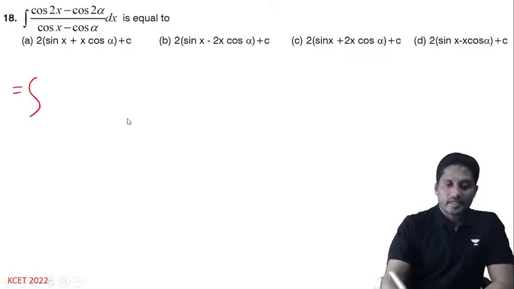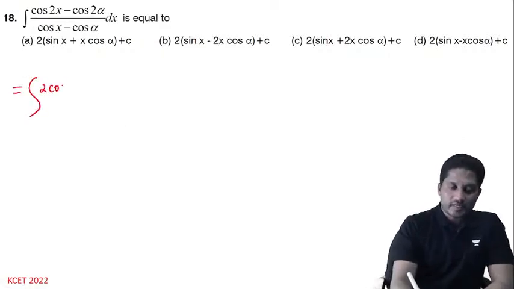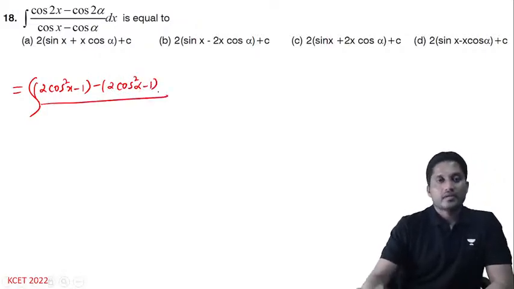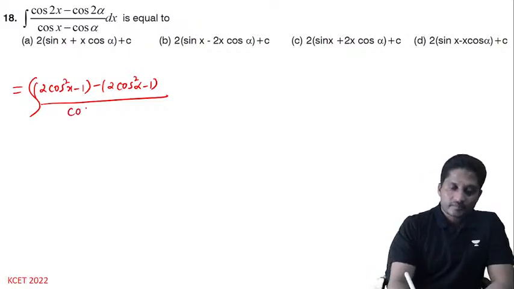Cos 2x can be written as 2 cos square x minus 1, right? And cos 2 alpha will be equal to 2 cos square alpha minus 1. Again, this is an NCERT exemplar worked out example. This is cos x minus cos alpha. If I open the bracket, this is 2 cos square x minus 1.